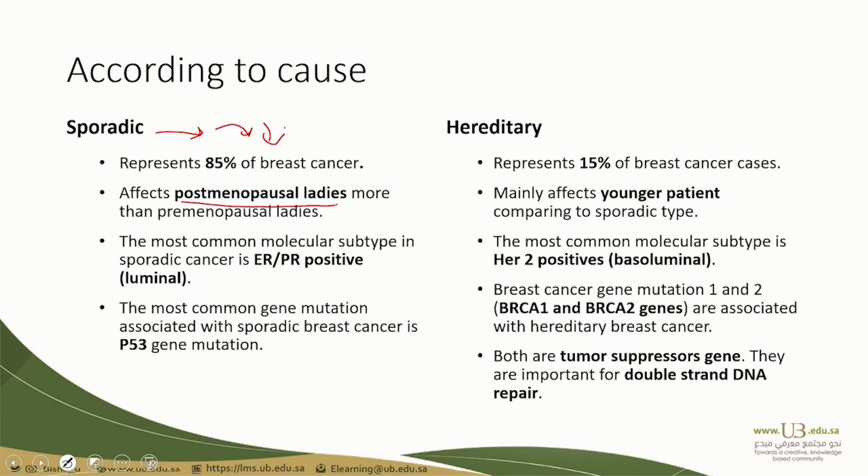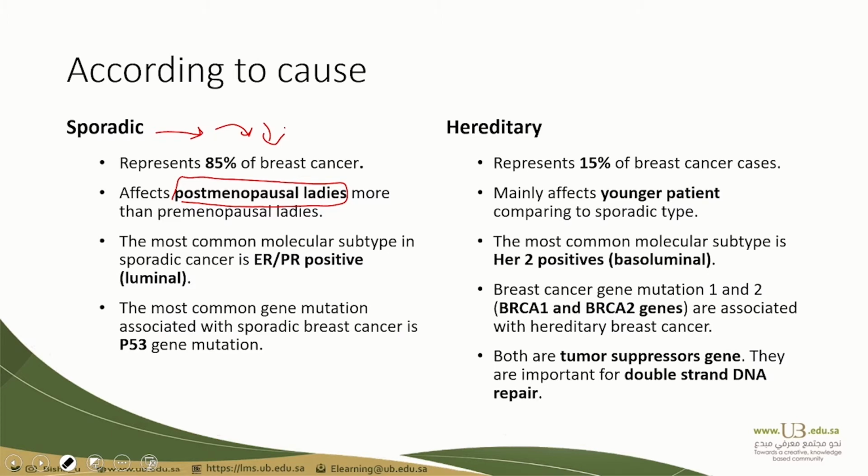That's why if the patient has a family history of breast cancer in her first degree relative and it came to her postmenopausal, it doesn't mean that it is a positive family history for her daughter or for her first relative.